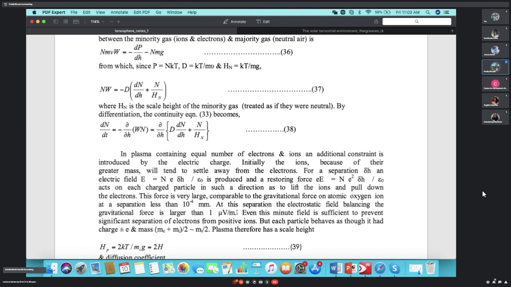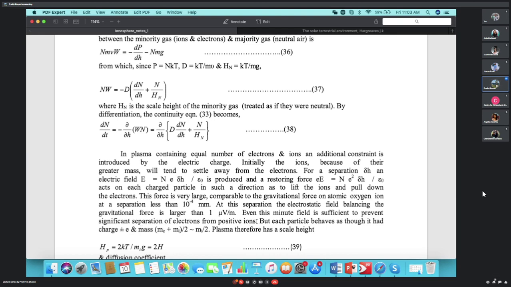In terms of electric field, this is a minute electric field, but it is sufficient to prevent significant separation of electrons from positive ions.